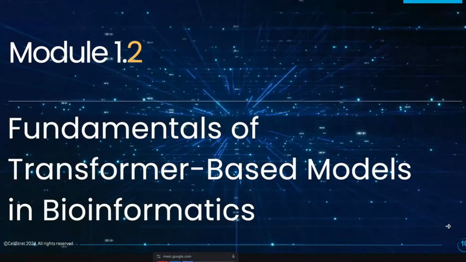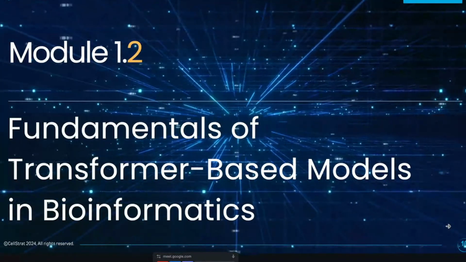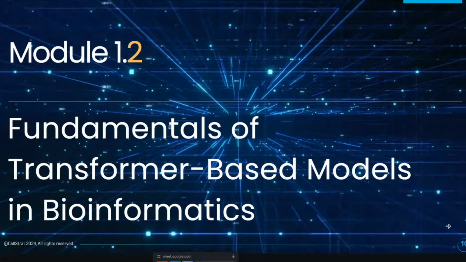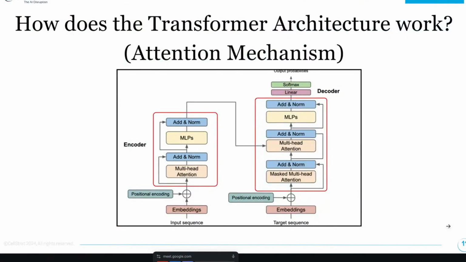So next we'll move on to the second course sub-module of this series, which is the fundamentals of transformer-based models in bioinformatics. Before we dive into this, I'm going to talk about how the transformer architecture works.